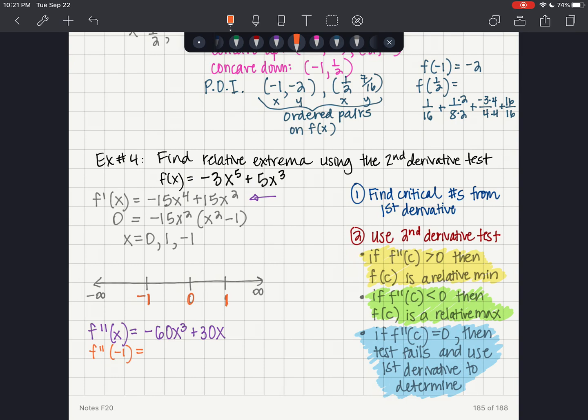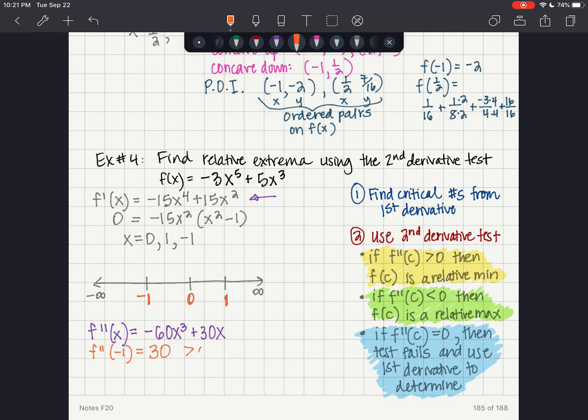So f double prime of negative 1 is equal to, we're going to put negative 1 into the second derivative. I get positive 60 minus 30 is... is that correct? Negative 60 times, nope, that's positive 60 minus 30 is positive 30.